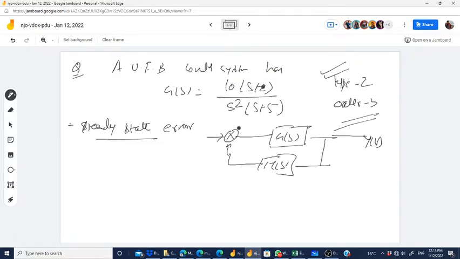So the error is here, right? Let's say this is C(s). E(s) is nothing but R(s), or let's say this signal is B(s). R(s) minus B(s).